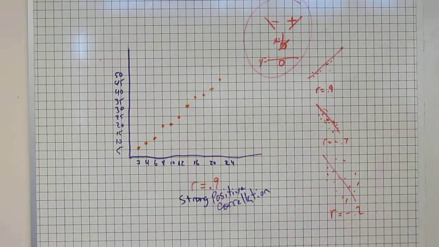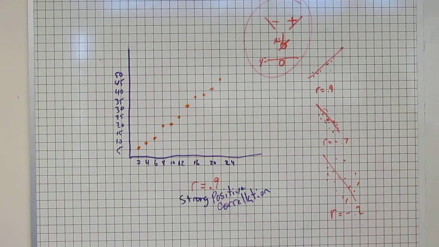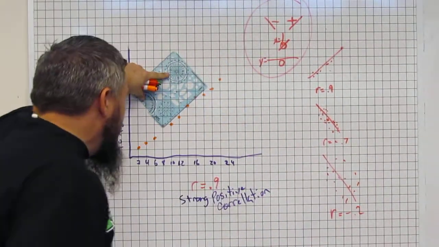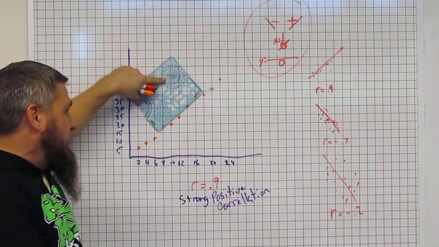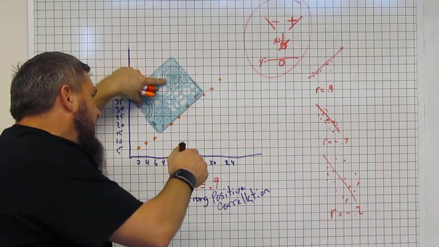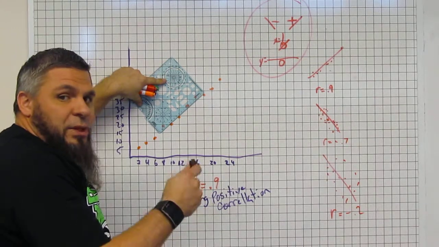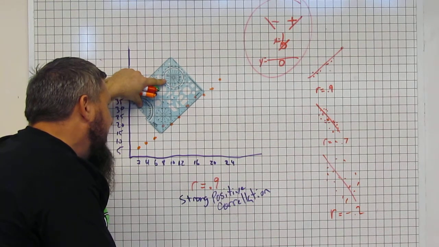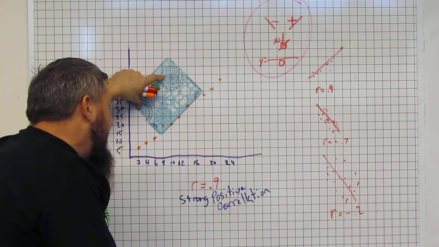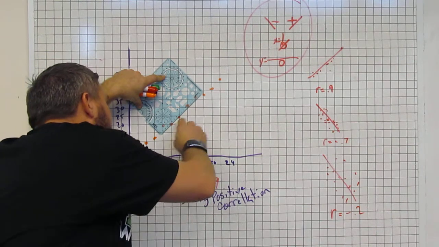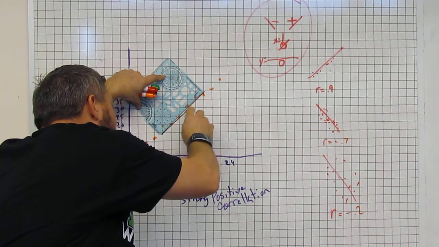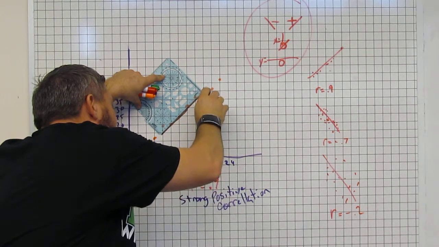The next part to this is drawing a line of best fit. The line of best fit is a line that cuts these in half, so half of them above and half of them below. When I do this, I want to see if I can fit the line so it actually goes through something.